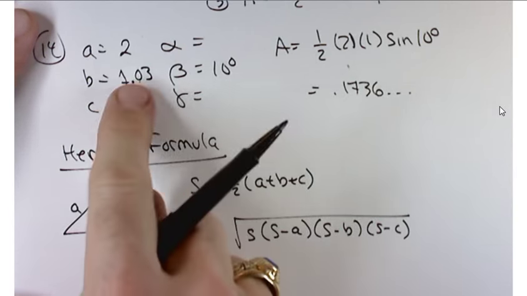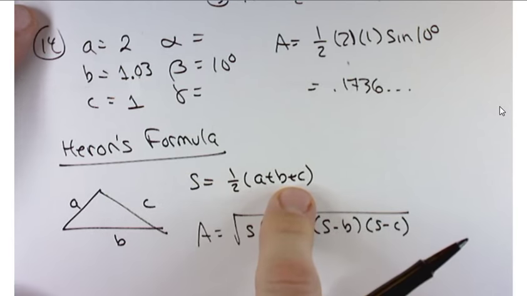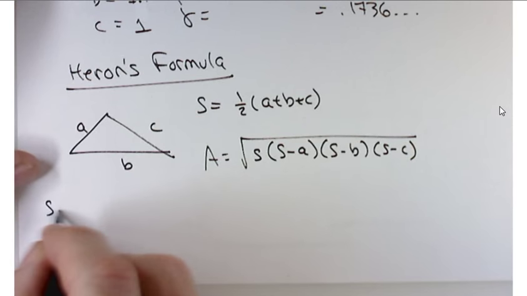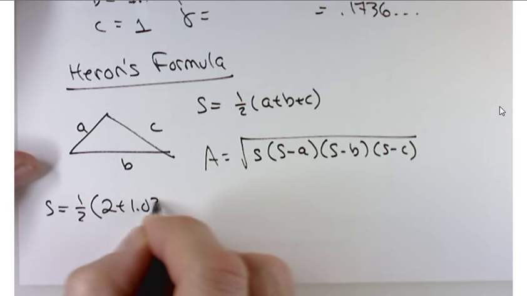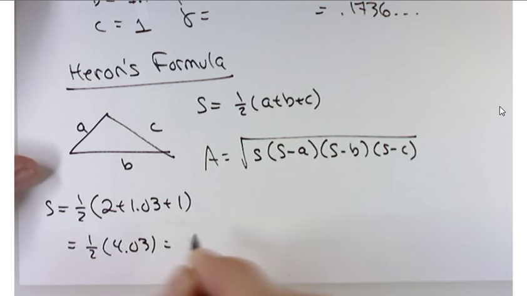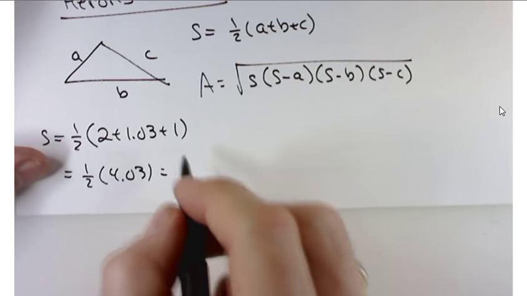So with that, then I can calculate S, the length of the semi-perimeter, and then I can run through Heron's formula. So let's do that. S is going to be 1/2 (2 plus 1.03 plus 1). So half of 4.03, or better yet, 2.015.